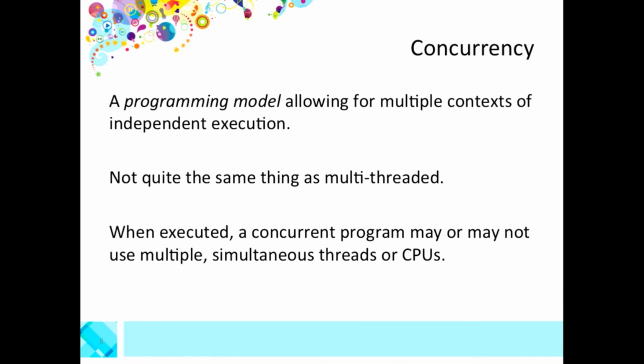When I use the word multi-threaded, I'll generally be talking about the implementation of something or the instantiation of it running on a system. But it's certainly possible to build a library or a program with a concurrent mindset, to structure your code using concurrency, and then when you execute it, it could actually be executing single-threaded. So we wanted to keep that use case in mind.